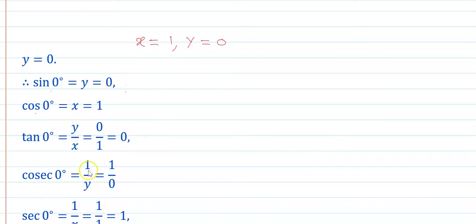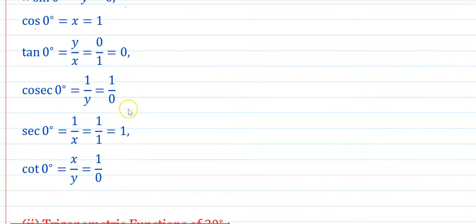Cosec 0, that is 1 upon y. The value of y is 0. It is not defined. Next, sec 0, that is sec theta is equal to 1 upon x. The value of x is 1, so 1 upon 1 is equal to 1.